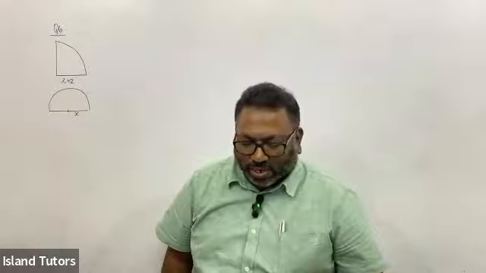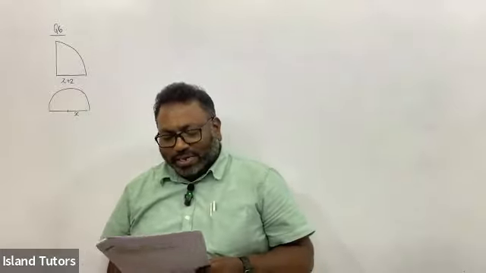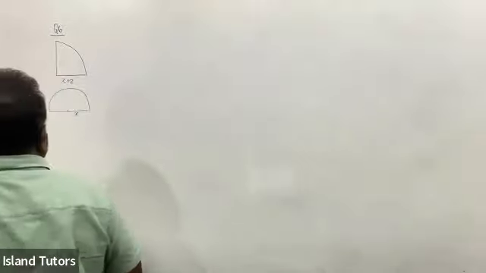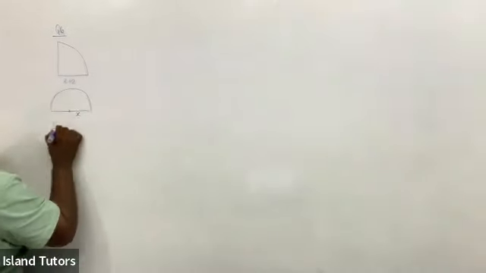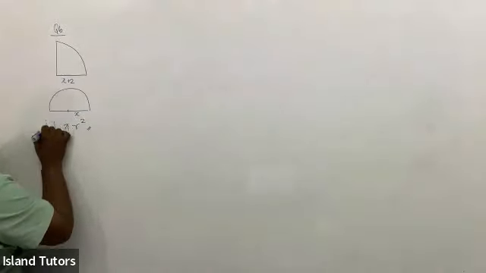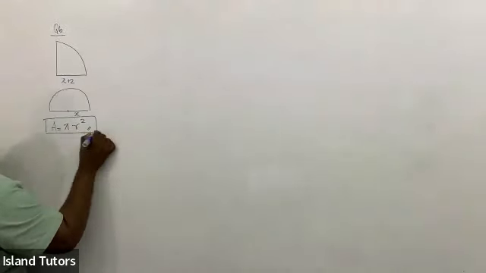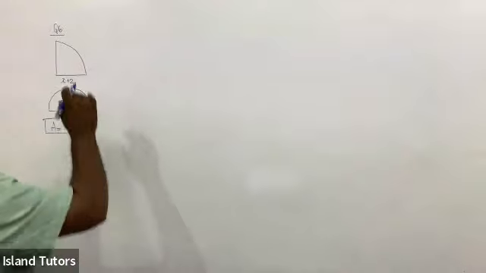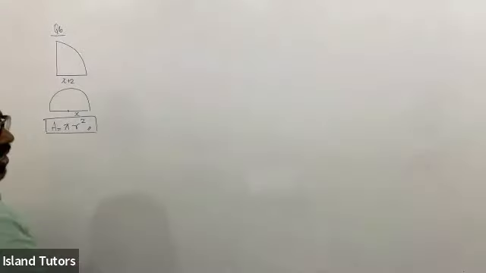The area of a circle of radius r is pi r squared. So that we know. So area is equal to pi r squared. That is the area of a circle. Right? So we'll write the area of this quarter circle.